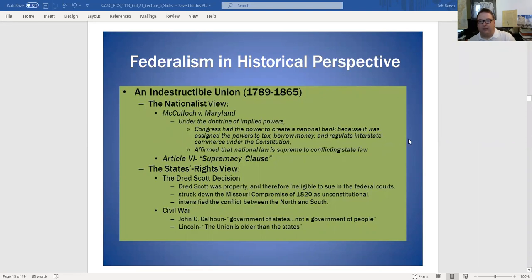Now, state banks had to pay taxes to support the national bank. And a guy by the name of McCulloch in Maryland, who had a state bank, did not want to pay taxes.